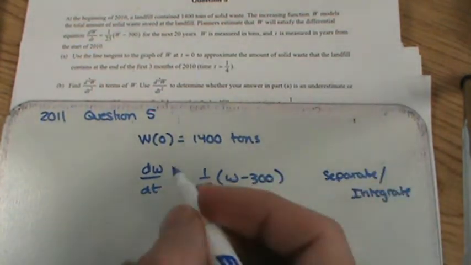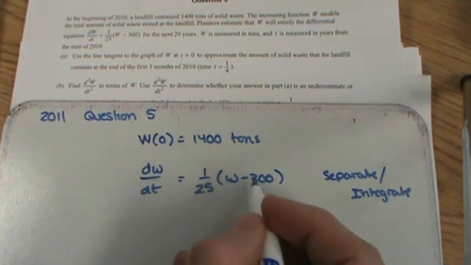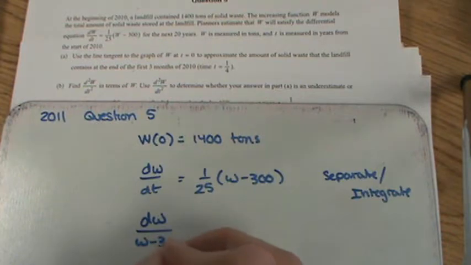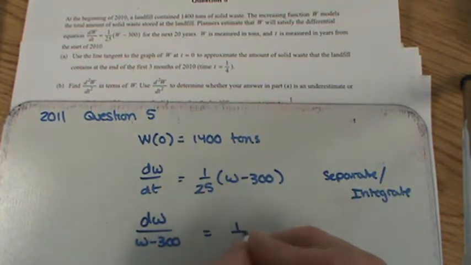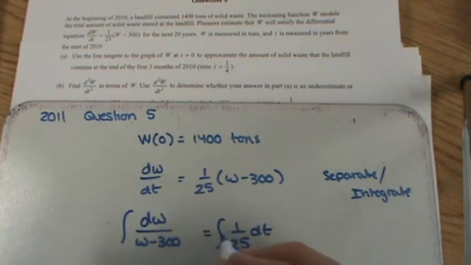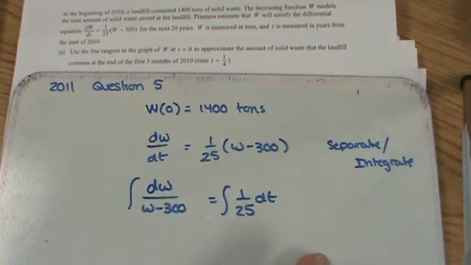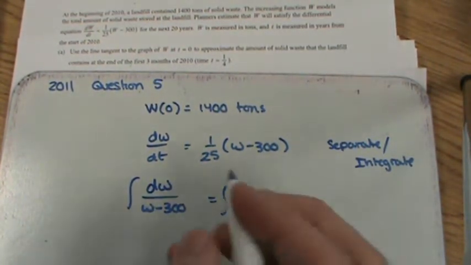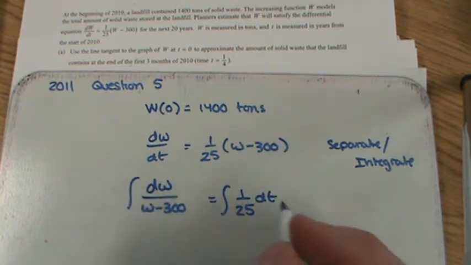So when you separate, you get points. We're going to divide by W minus 300, and we're going to multiply by dt. Right there, that's a point. Then you're going to integrate. Sometimes you get a point for both integrals, sometimes you get one just in general for doing both integrals. Sometimes you get them for each.